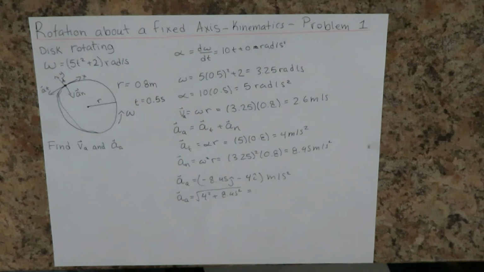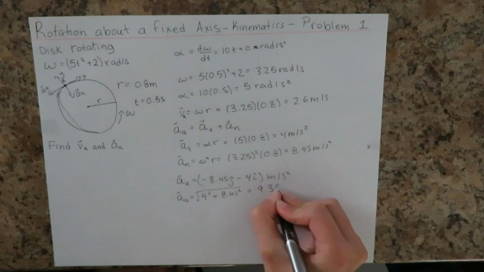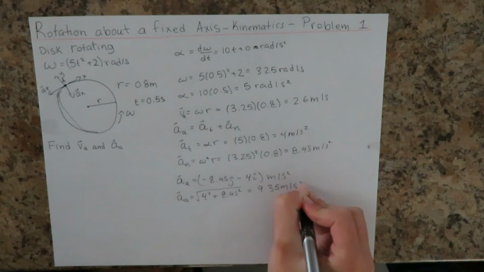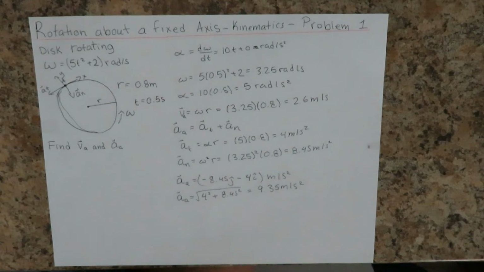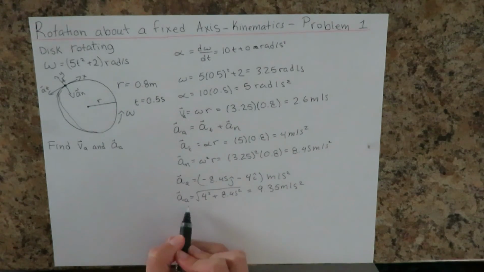One sec, I'll just plug this into my calculator. This will give us 9.35 meters per second squared. And so that's it. You solved for the velocity at A and the acceleration of A.